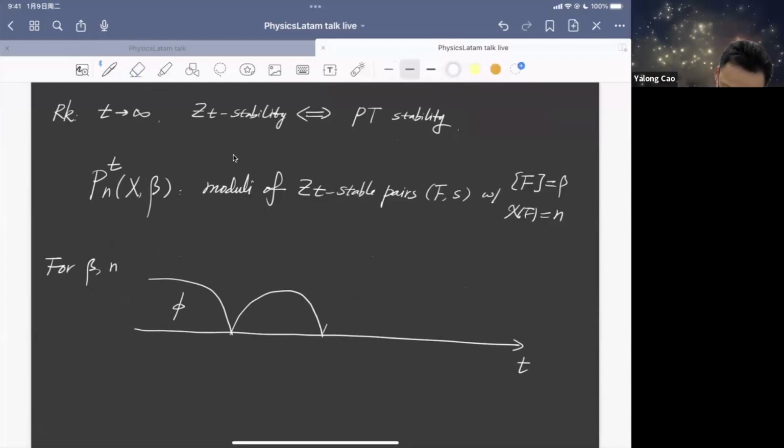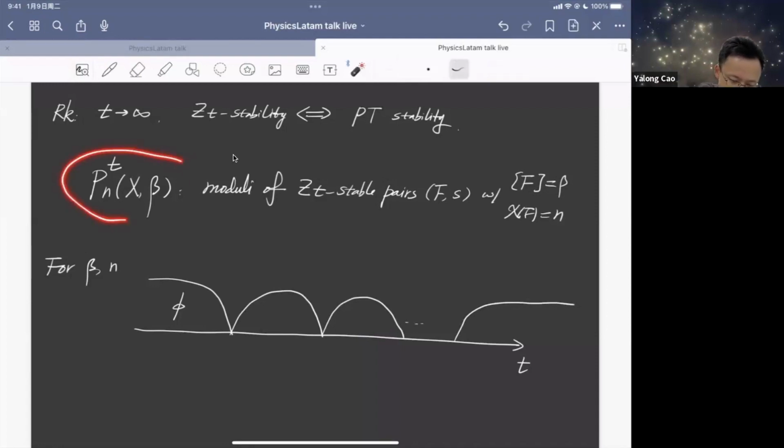And in the middle, there are several so-called chambers, where this moduli space remains the same. That means if t belongs to this interval, this moduli space will stay the same.